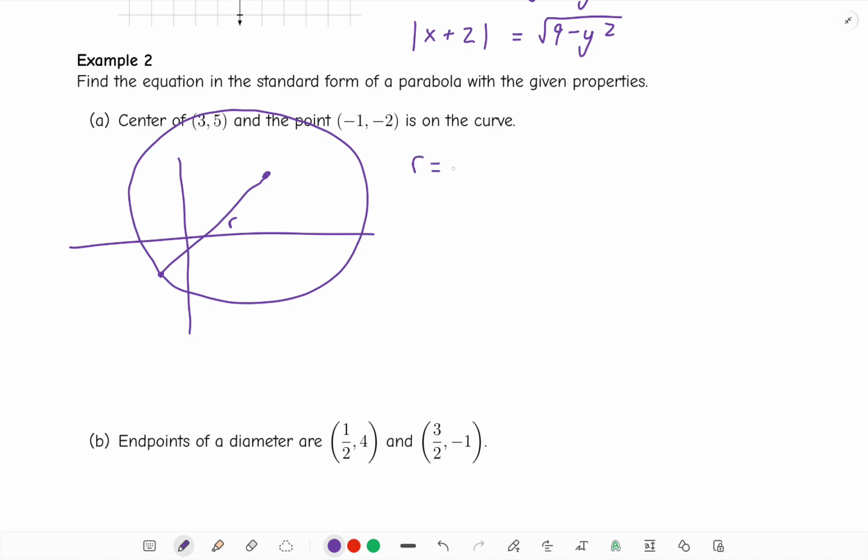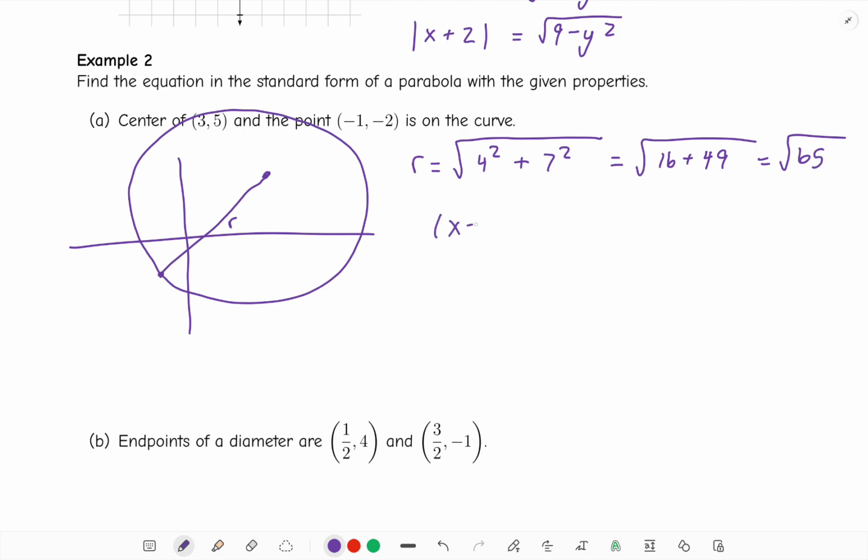So I'm going to calculate r first, which is the square root of 4 squared plus 7 squared. 4 is coming from 3 minus negative 1, which is 3 plus 1, and the 7 is coming from 5 minus negative 2, which is 5 plus 2. So we get 16 plus 49, square root of 65.